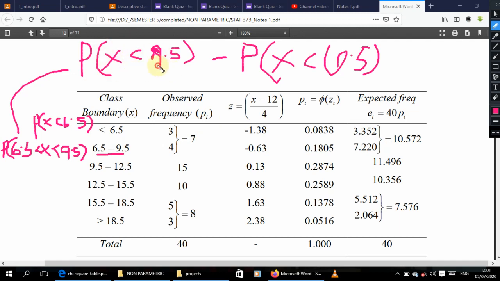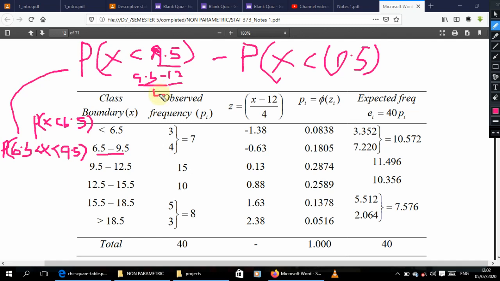So you know how do you do this? You slot the 9.5 inside this, so you have here 9.5 minus 12 over 4.